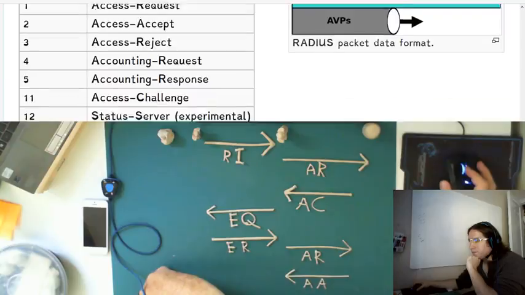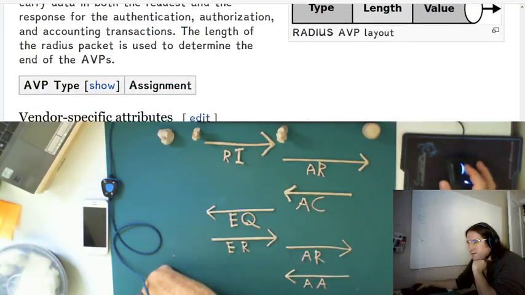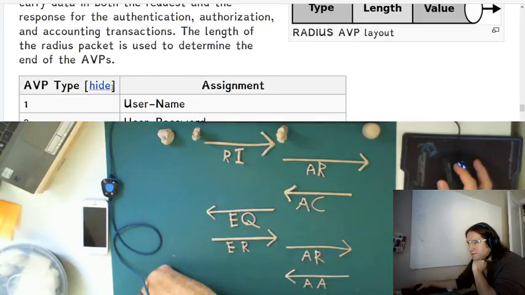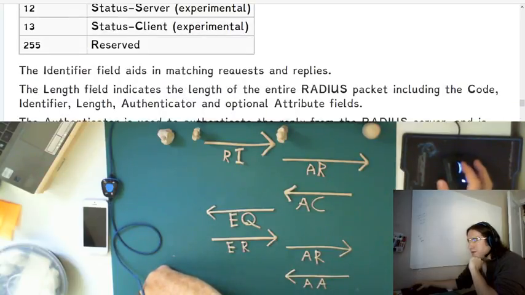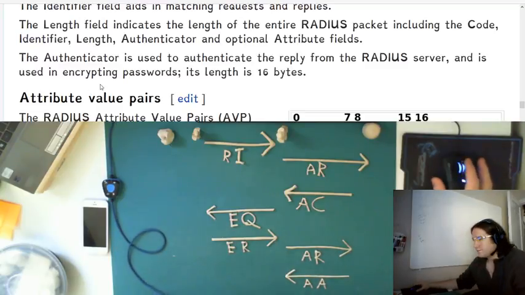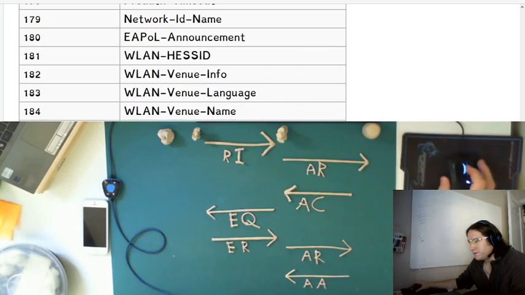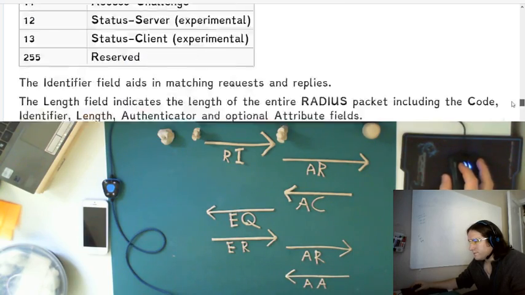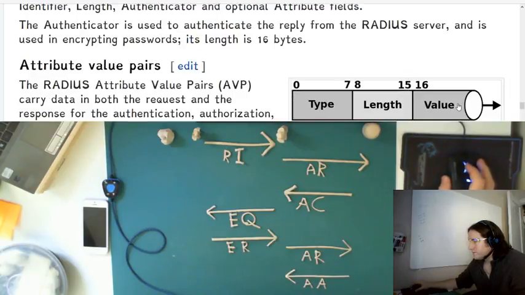What is an AVP? Attribute value pairs. Oh yeah. So they go up to 190 so far, but probably it is set for one byte.